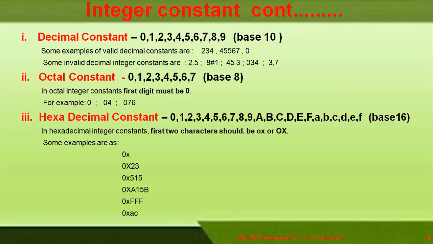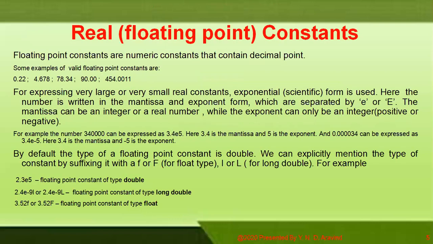So some examples are 0x23, 0x515, 0xA15B, 0xFFF, 0xAC. In all these, the letters are between A to F and the digits between 0 to 9. So all these are valid hexadecimal constants.